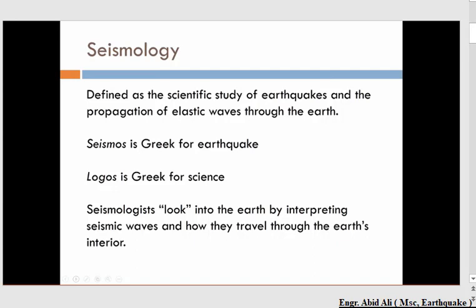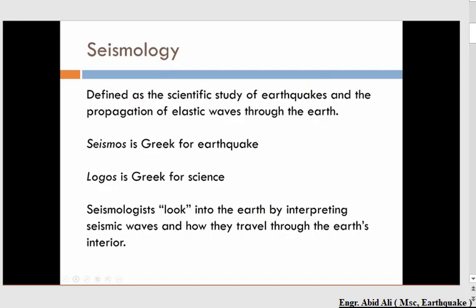Seismos is Greek for earthquake or shaking, and logos or logy is associated with the word study or science. So it's the science of earthquakes, or the science of the earth, or the mechanics of the earth.